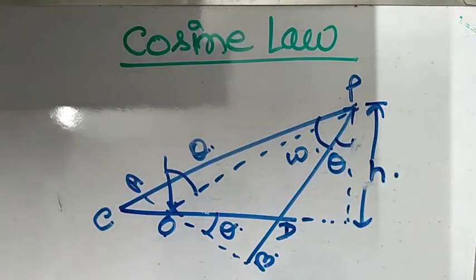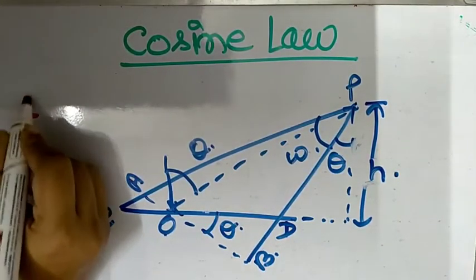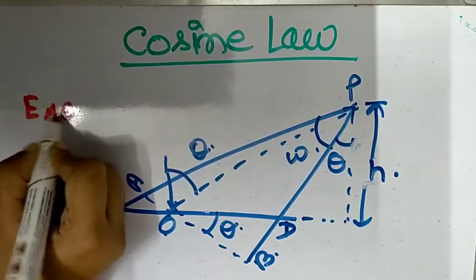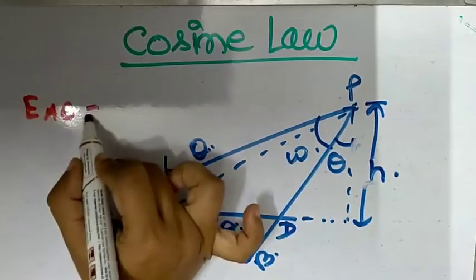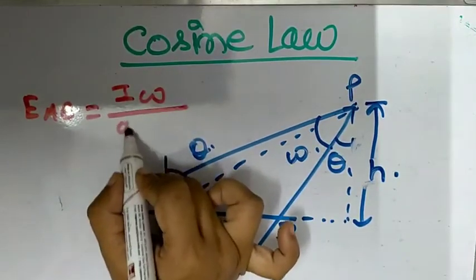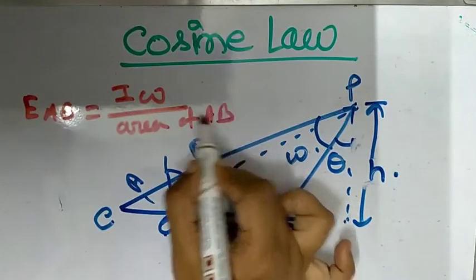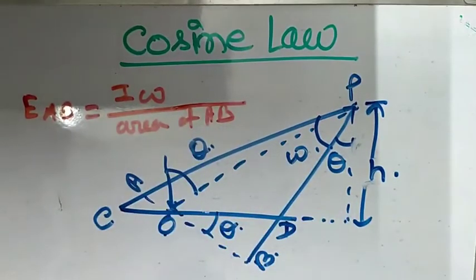Now the illumination of area AB, EAB, is equal to I omega by area of AB. This is clear.